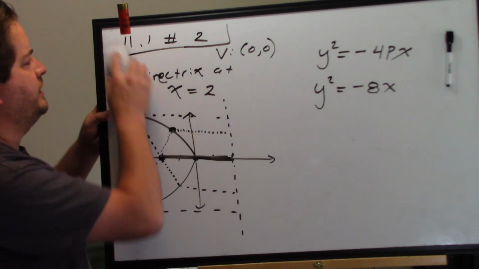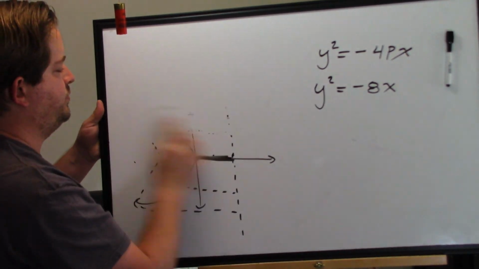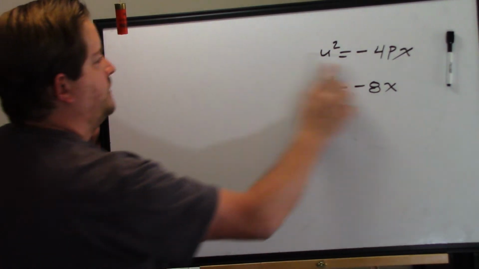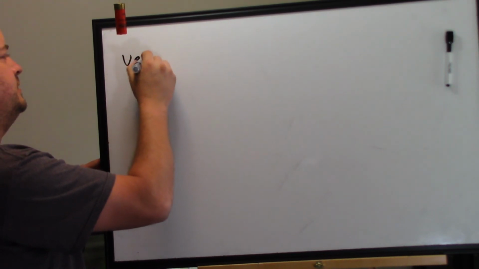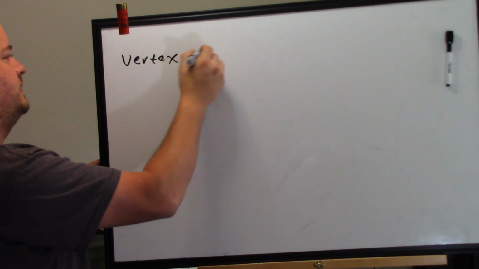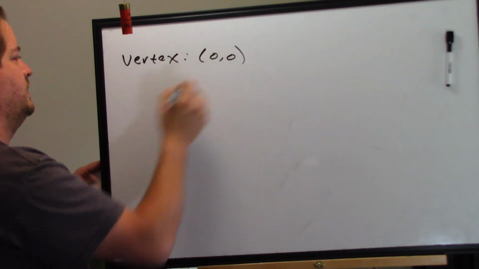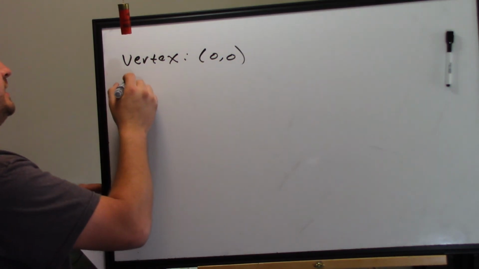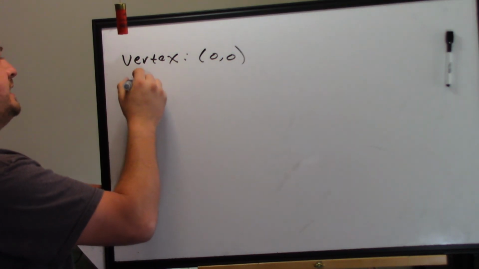Let's take a look at the very last one on problem 2. It again has a vertex of 0, 0. And it says that it's an upward facing parabola.